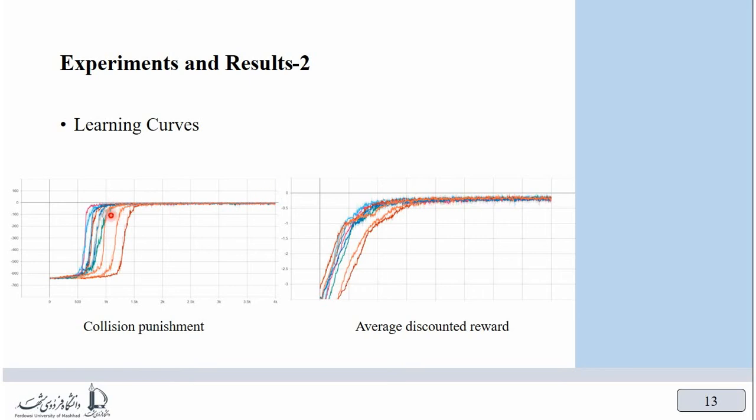It means that by the time the learning process is done, our agent is avoiding obstacles and does not experience any collisions. On the right side, the average discounted reward, which we call return, is shown during the training process with 10 different random seeds, and it also shows that our agent is successful in learning such tasks.